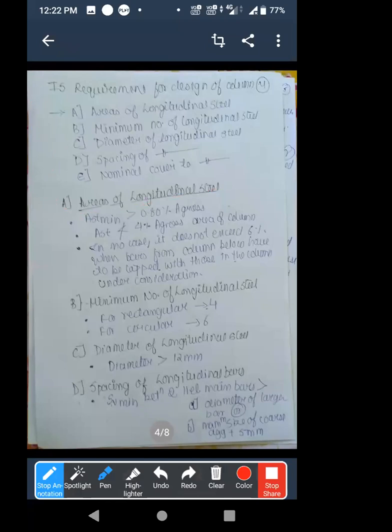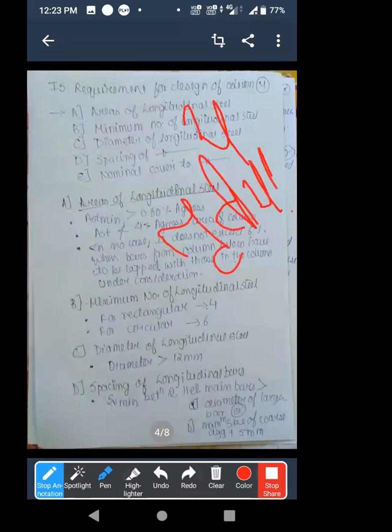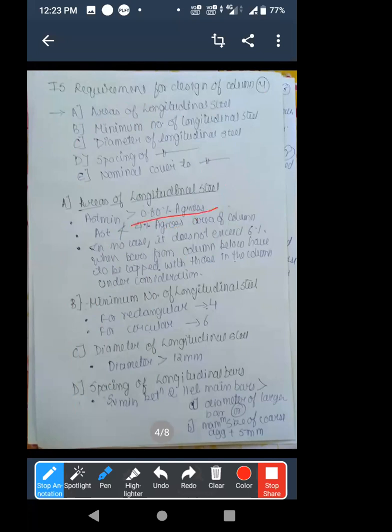See here, what area should be provided for the longitudinal steel? The minimum Ast should be greater than 0.8% of the gross area of your column. That is the Ast minimum, and it should be greater than 0.8% of A gross.